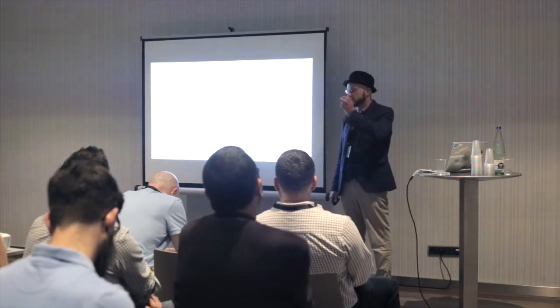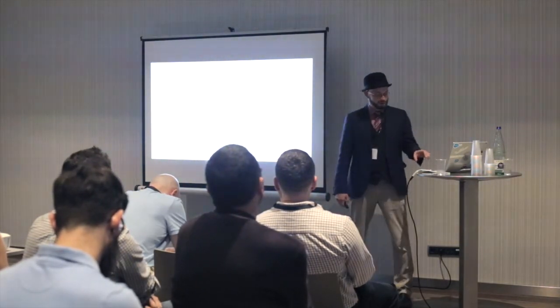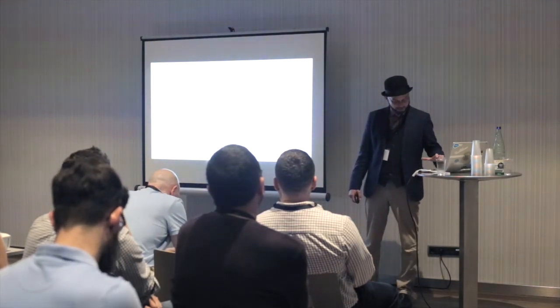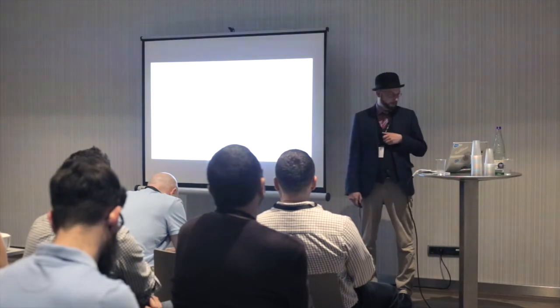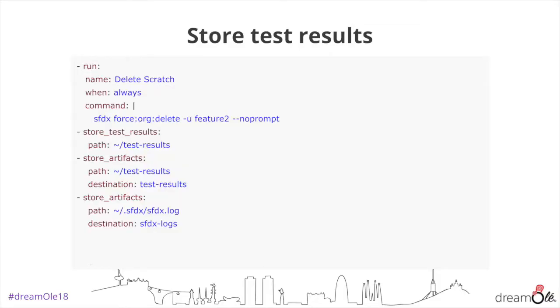So you will see a nice little comparison of how well you tested, what the slowest test was, and so on. Storing test results is also pretty easy. For those, there are certain commands you put in the YAML file, and as I said, I'm also storing the sfdx log. Maybe something is wrong with DX or failed, so I want to know why, because usually you want to harden your CI process.